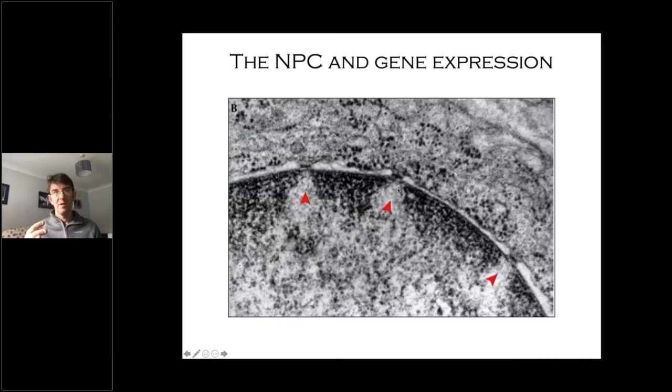And this goes along with a theory called the gene gating theory, in that messenger RNAs travel towards the nuclear pore complex and they're able to preferentially move through the pore complex in order to be rapidly translated. We don't have a huge amount of evidence for this in plants, but there is some evidence that there are differences in expression of loci which sit around the periphery of the nucleus, and also some work from Oxford Brookes University where they've tethered different reporter proteins to the nuclear pore complex, and they show that their expression is increased.